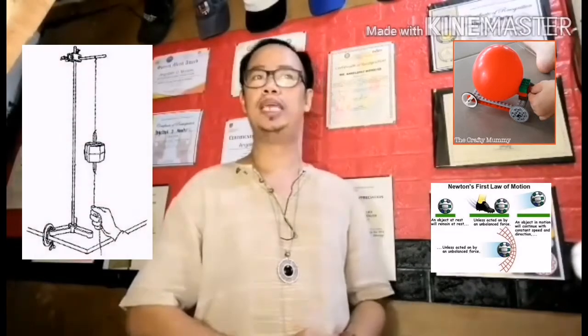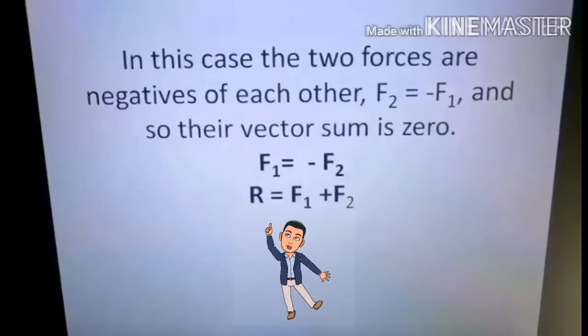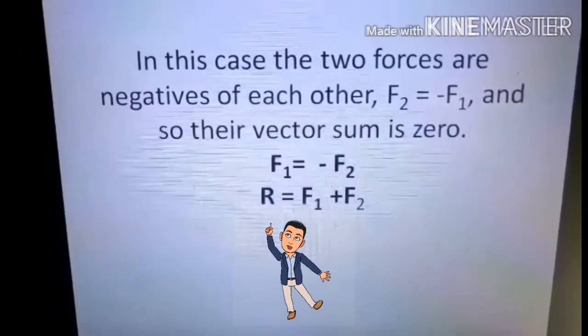Experiment shows that the body is then in equilibrium. If it is initially at rest, it will remain at rest. And if it is initially moving, it continues to move in the same direction with constant speed. In this case, the forces are negatives of each other.